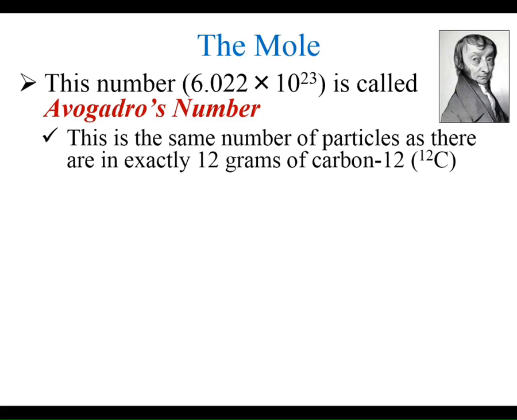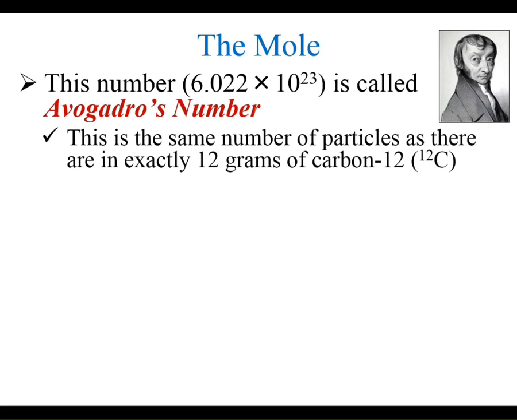Not all carbon is the same. Some carbon is carbon-12, some carbon is carbon-13. So if you had 12 grams of carbon-12 and you counted up all the particles in it, it would be Avogadro's number. That's where that number comes from.